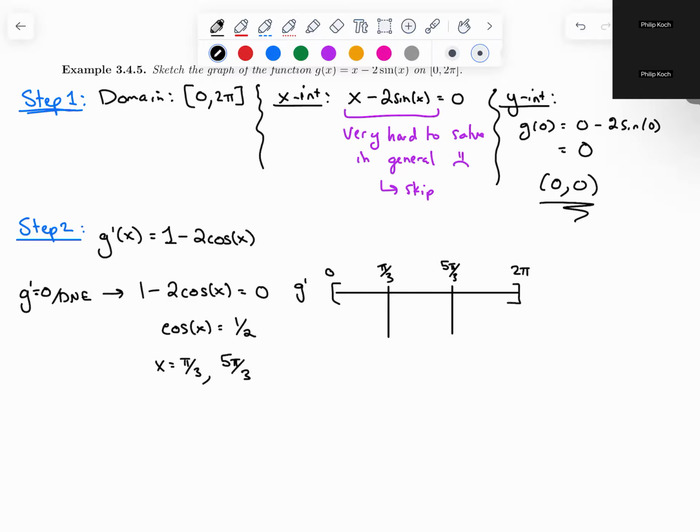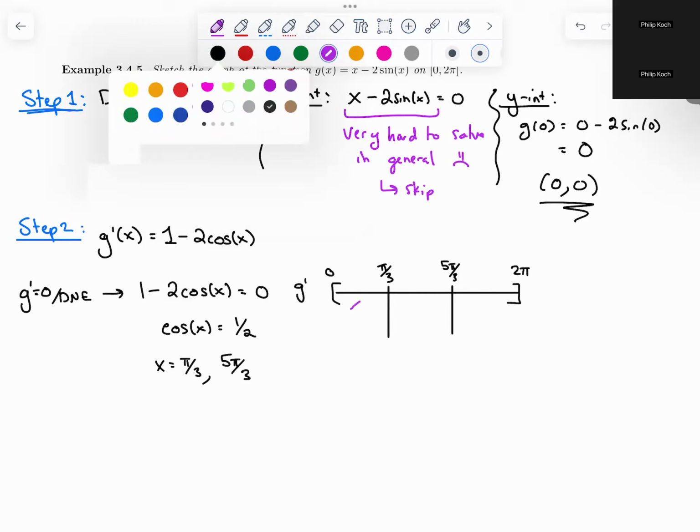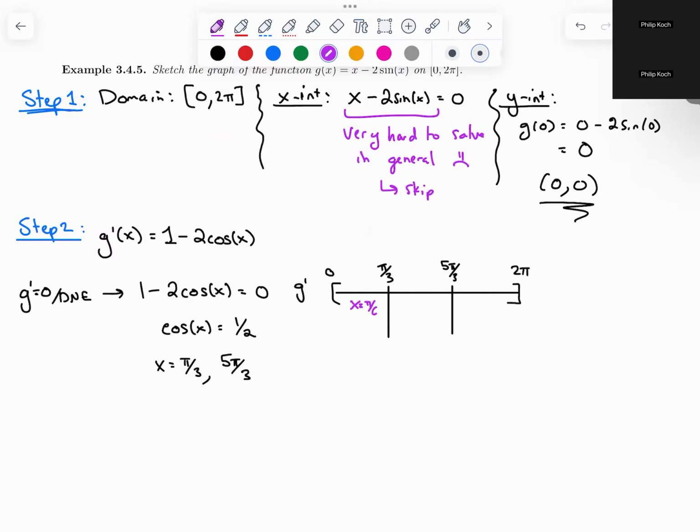But if you want to be super cool like all the cool kids, you need to use your angle knowledge. And what's an angle between 0 and pi over 3? Pi over 6, right in the middle. X equals pi over 6. X equals a cool angle between pi over 3 and 5 pi over 3. Pi over 2 works.